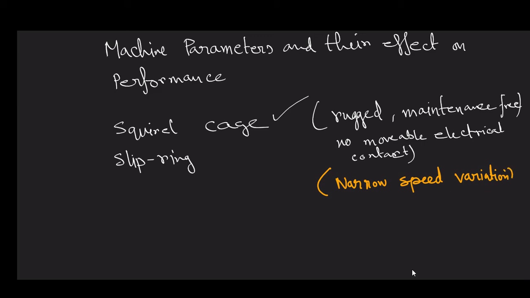Now you may argue that some narrow speed variation is good, because that implies the machine operates almost in a constant speed region like our DC shunt machine. So if we have a DC shunt motor, then why should we be bothered with this narrow speed variation? But the answer is that it is not only about torque or output power.